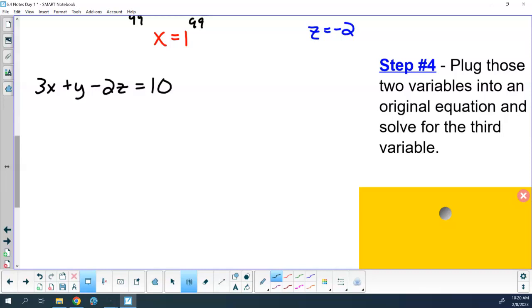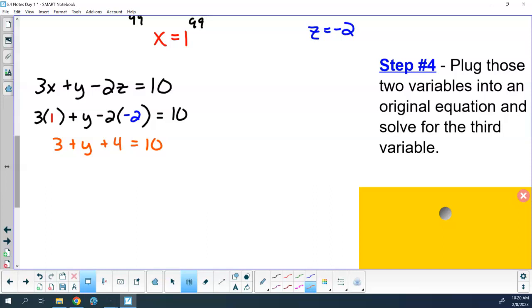Okay, so that's going to be 3 times 1 plus y minus 2 times negative 2 equals 10. 3 plus y plus 4 equals 10. So y has got to be 3.